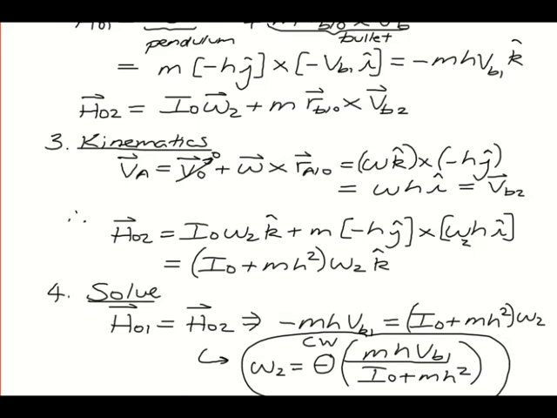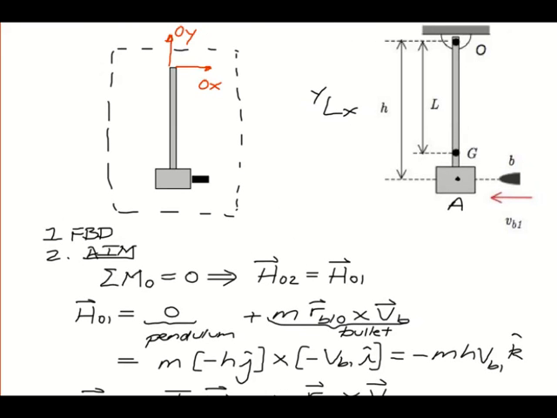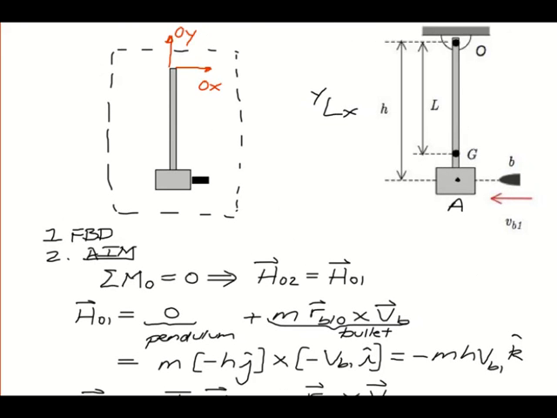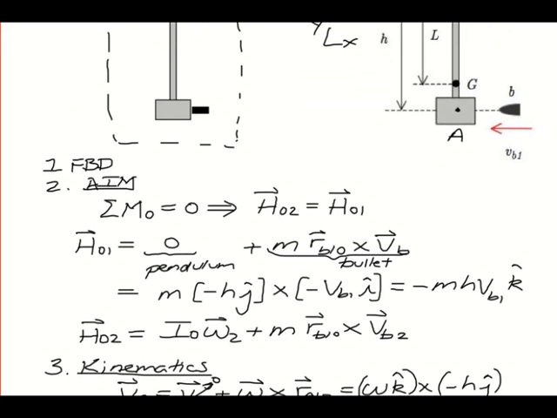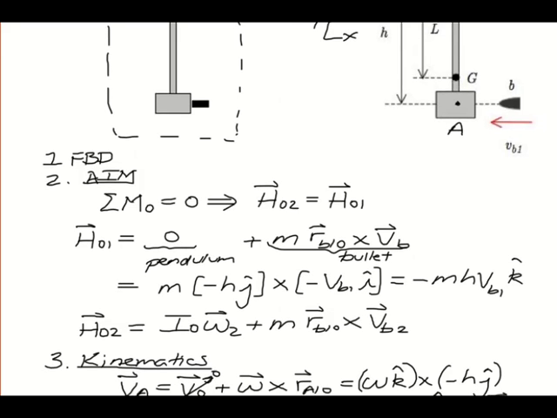What did we do? Well, we looked at a free body diagram of the pendulum and the bullet together, and concluded that since there are no moments acting about O, H is a constant. Before impact, the only angular momentum we have is for the bullet, that's r cross mv, which ends up giving us a minus m h vB1 in the k.